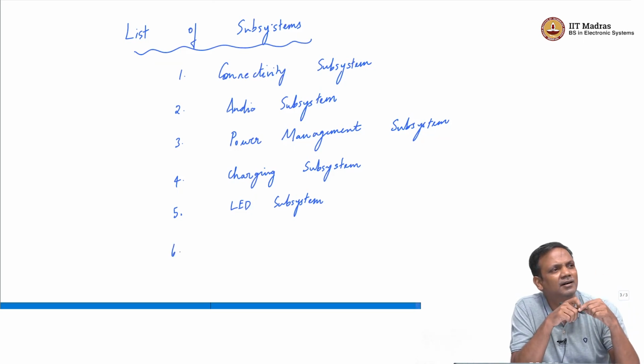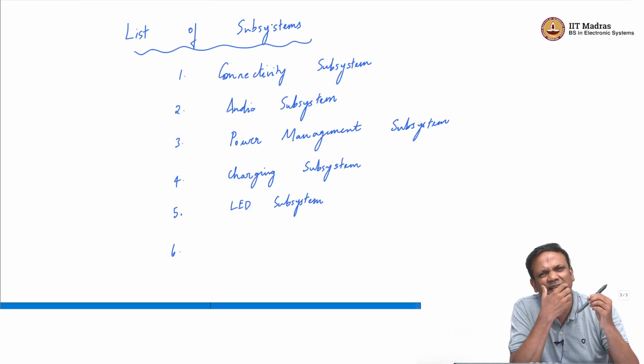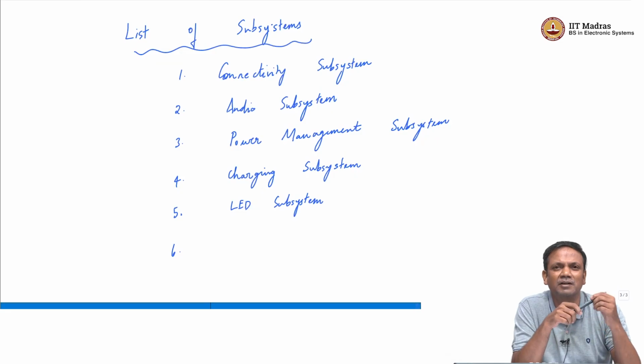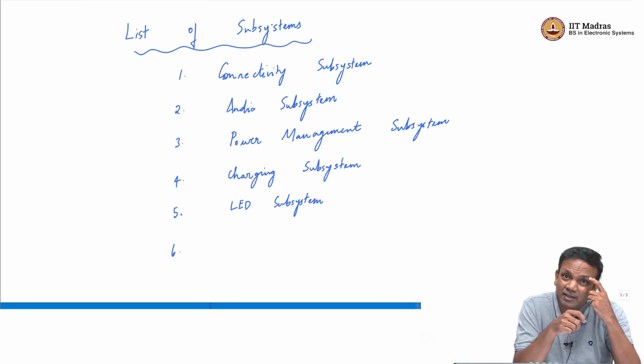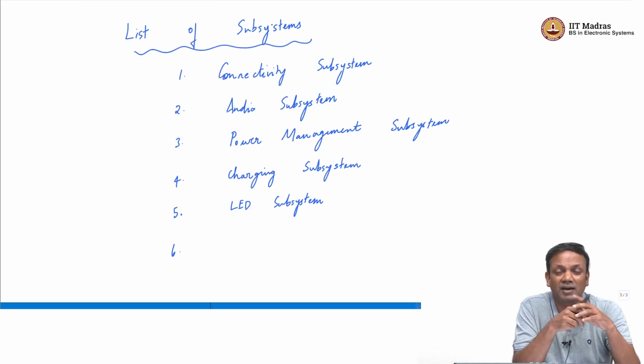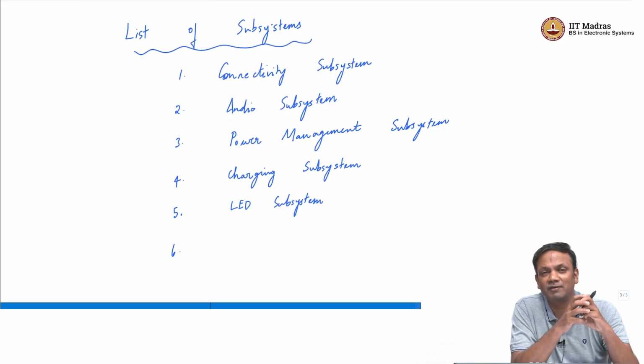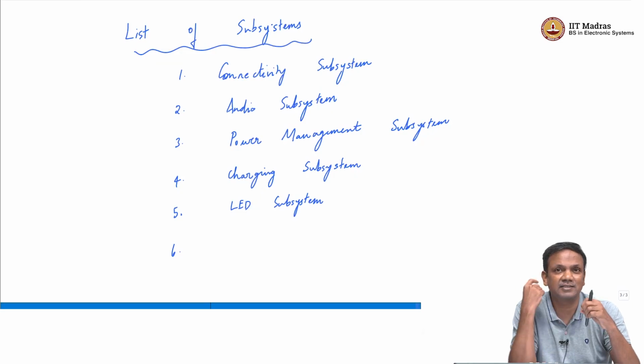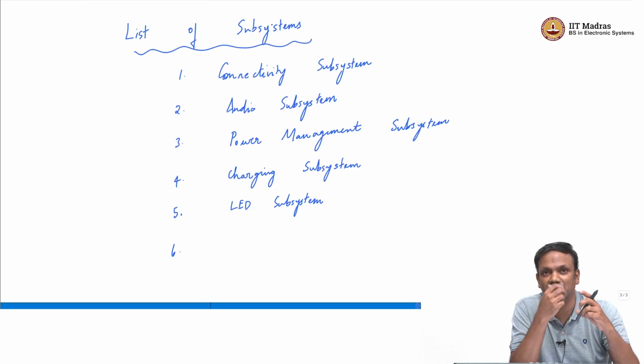What other subsystem can we think of? Now let's again think a little bit about how products get used. If you've had an earbud, an AirPod class product, one of the things you would have experienced is that it detects when you put the device into your ear.